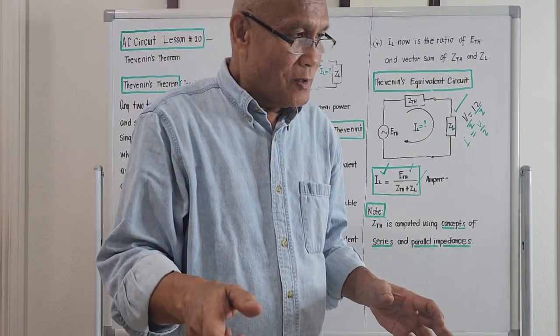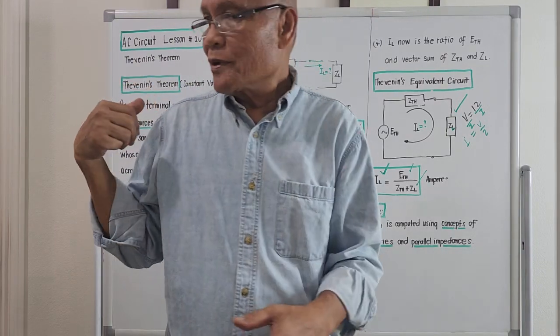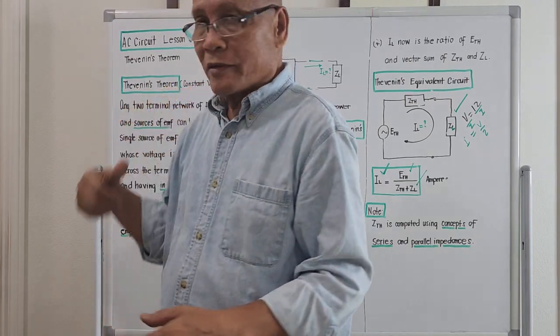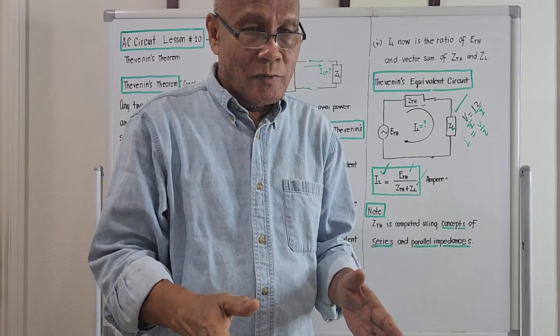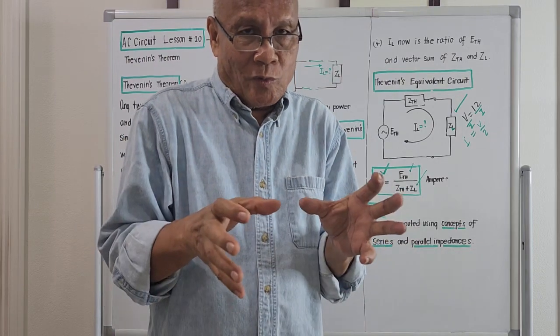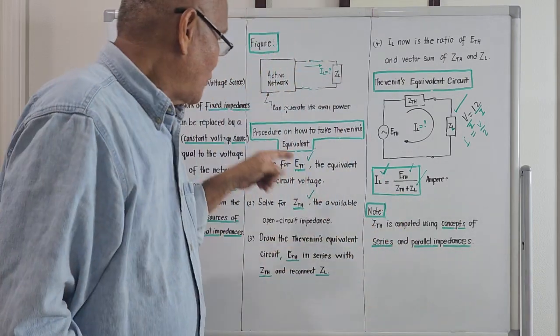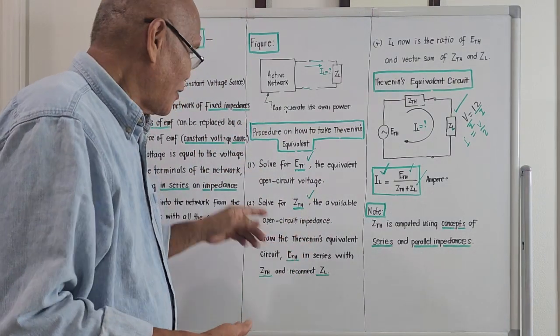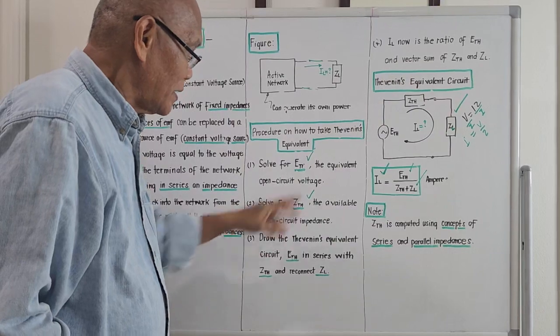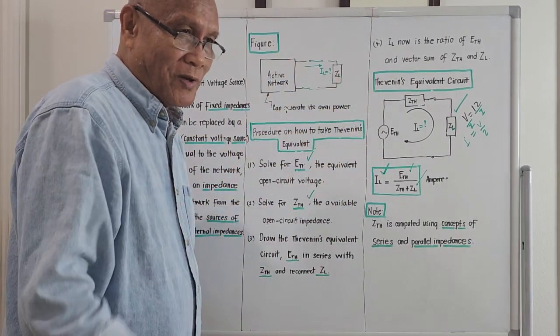Lesson number 31, or 21. I will be giving you an example problem on Thevenin's theorem so we could visualize the four procedures here. So you will know how to apply procedures number 1, 2, 3, and 4 by using Thevenin's theorem.